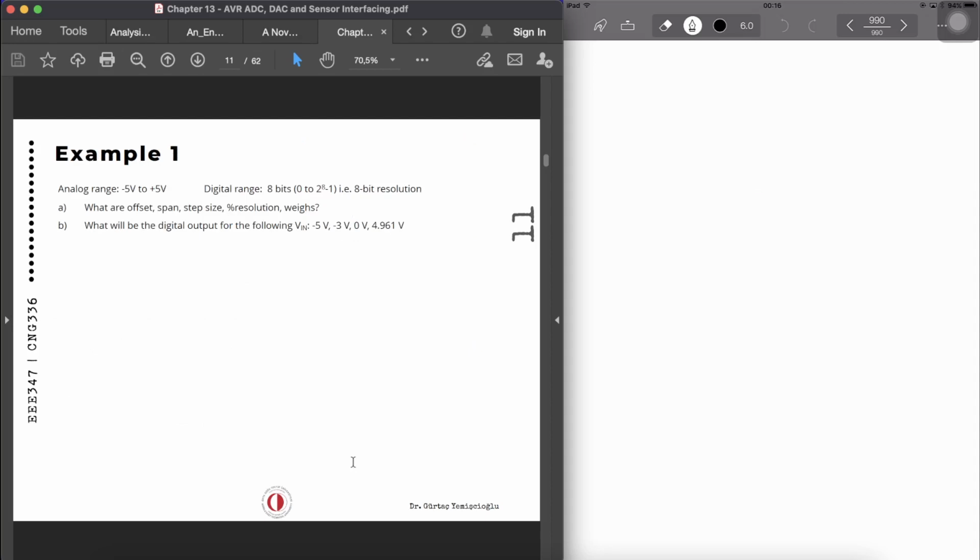The analog range is given from minus 5 volts to plus 5 volts. The digital range is 8 bits, so 2 to the power 8 minus 1. So 8-bit resolution is given here. What are the offset, span, step size, and percent resolution weights?